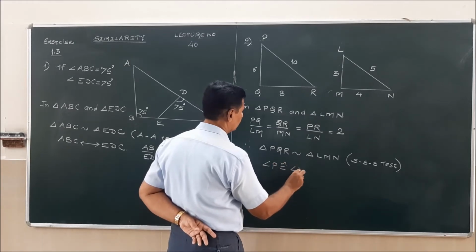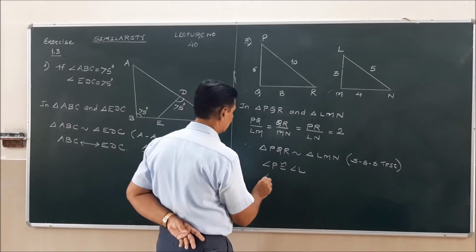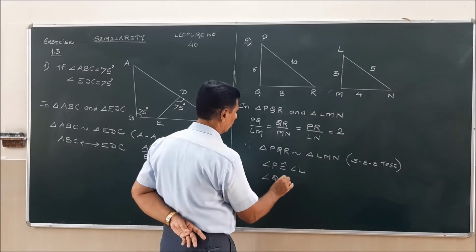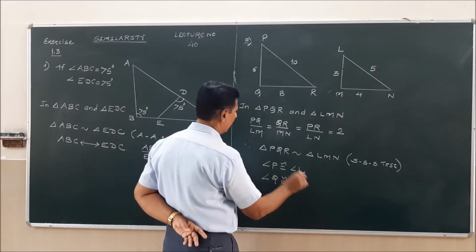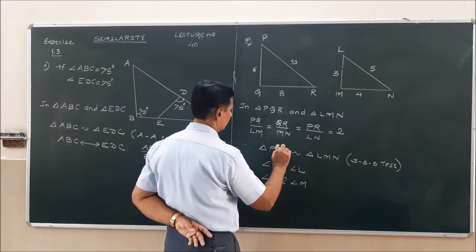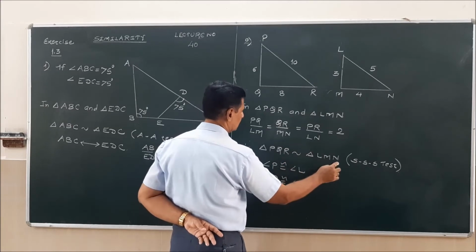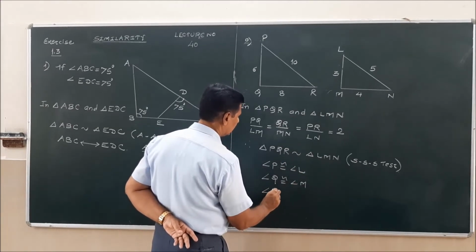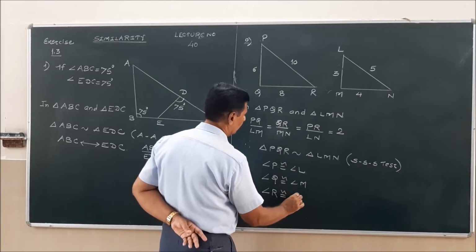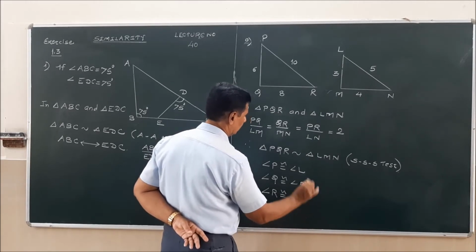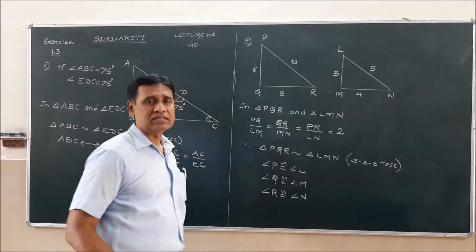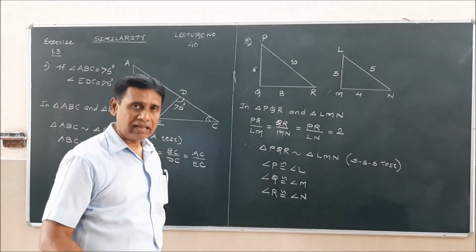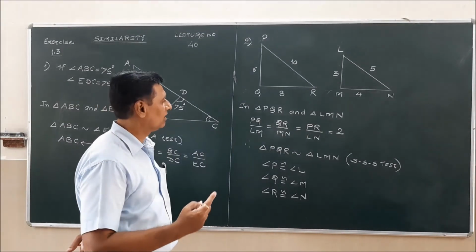P is congruent with L as well as Q is congruent with N. Why? First, second, third. But when is it possible? When the ratios are the same. They are called corresponding angles of similar triangles.